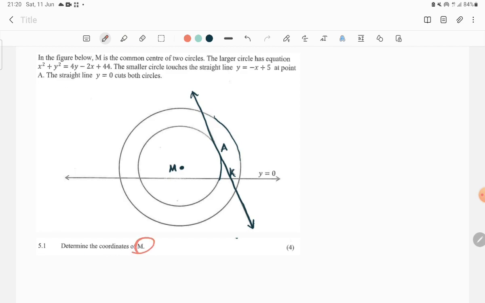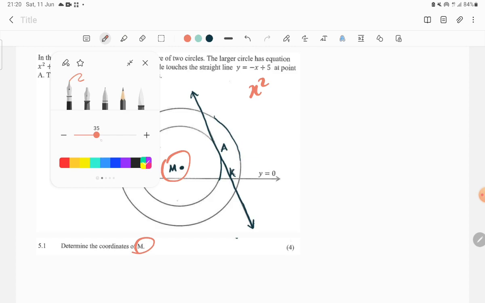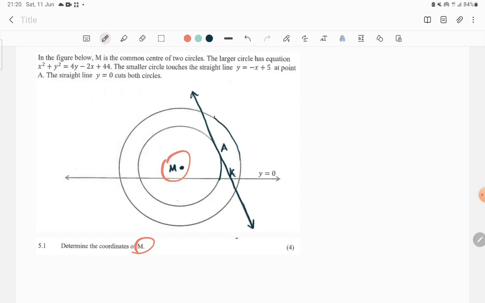When the equation is given, it's always easy to determine the coordinates of the center. Now, taking our equation down just like that, we have x squared plus y squared minus 4y plus 2x is equal to 44. Then let's complete the square.